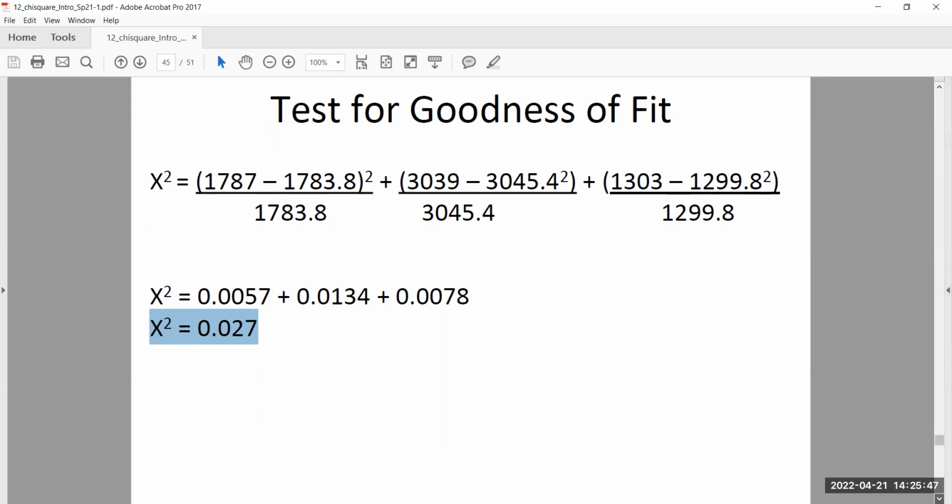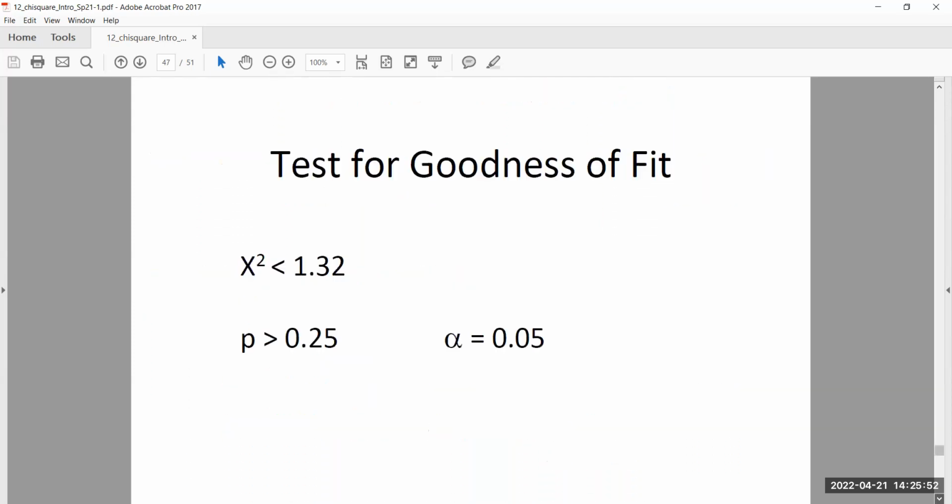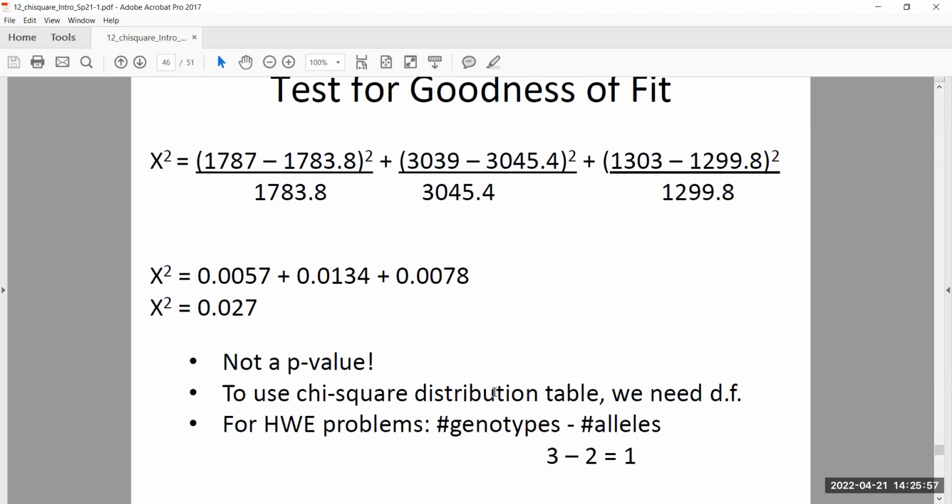Now we need to find the degrees of freedom and use our chi-square distribution table to find out the p-value. Even though this is a decimal number, remember we're calculating a chi-squared value here that's equivalent to a little t or a little z, and we need to use our distribution table to find the probability of getting this value of chi-squared. For Hardy-Weinberg equilibrium problems, degrees of freedom is going to be number of genotypes minus number of alleles.